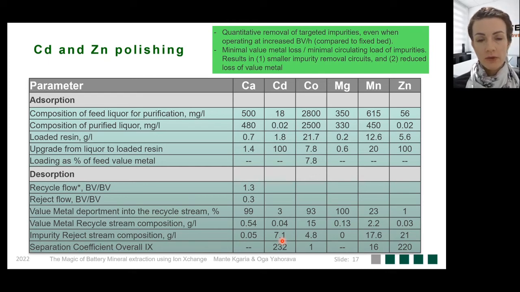Because, for example, fixed bed technology will generate liquor which is at least 3 times more dilute, and that means the size of your tanks and precipitation circuit would be much bigger.